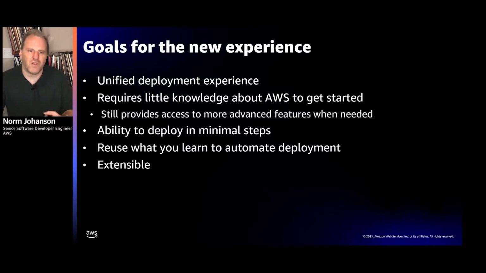So we want to make sure you don't have to know a lot about AWS just to get started. But we also want to make sure that we don't hide any of the advanced features in AWS. All of the power of AWS is still available to you when using the new deployment experience. You can also get deployed to AWS in just a few steps.